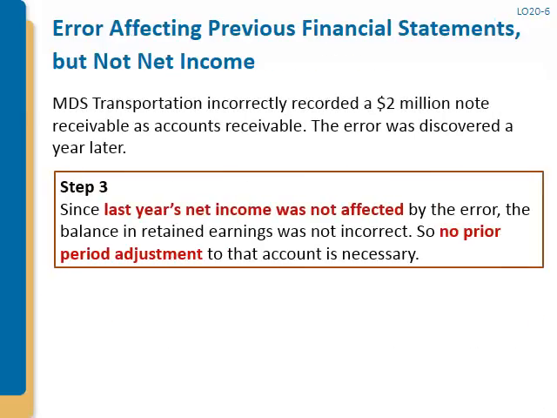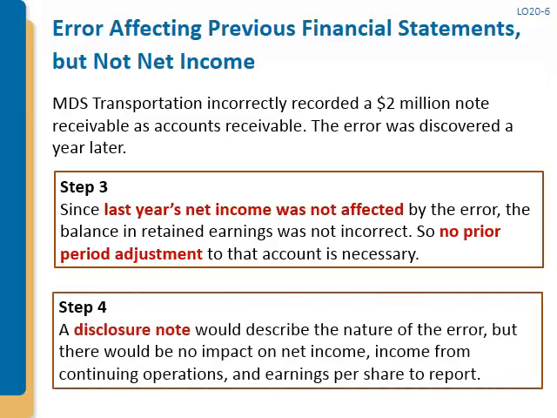Third step, since last year's net income was not affected by the error, the balance in retained earnings was not incorrect, so no prior period adjustment to that account is necessary. Fourth step, a disclosure note would describe the nature of the error, but there would be no impact on net income, income from continuing operations, and earnings per share to report.